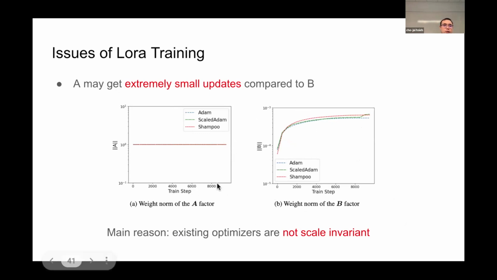For example, if I use Adam to train the LoRA A and B parameters, you see this is the norm of A, so it almost never gets updated, and most of the updates are on B. This will cause a problem because you originally want to train both A and B, but now A is kind of fixed and you just update B, which means you lose half of the expressiveness of your LoRA adapter. And we found the main reason is that existing optimizers are not scale invariant.